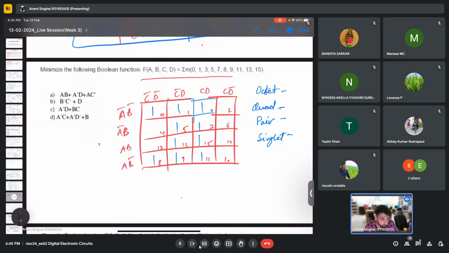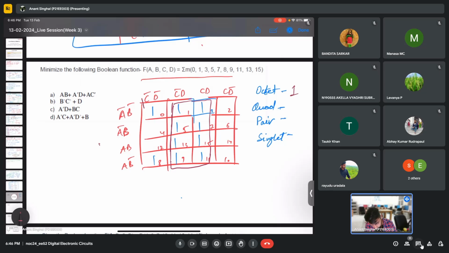Is there any octet in this? Okay, one octet. Then any quad? So what I can see is clearly there is an octet which is this, and everyone is covered now except these two.